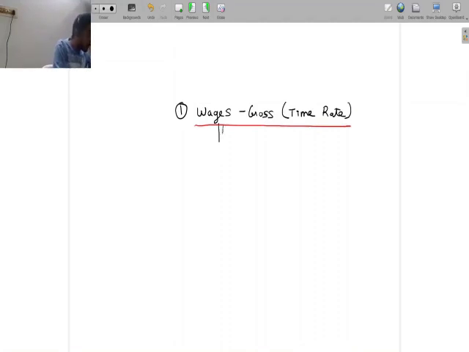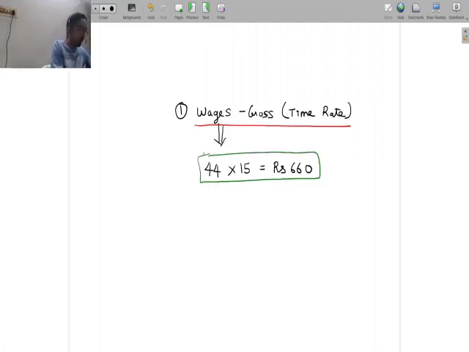Wages is going to be equivalent to 44 hours into rupees 15 per hour. Basically, if you have to look at a formula for this, you could say number of hours into rate per hour. 44 into 15 gives us rupees 660. So this is the wages if you adopt the time rate system. It's as simple as this. Now let's look at what will be the wages if you adopt the piece rate system.